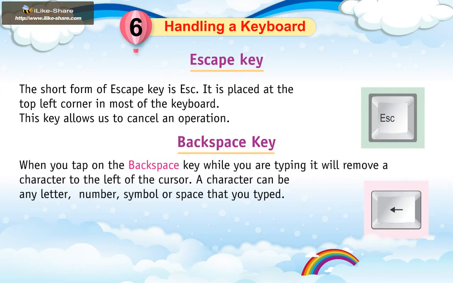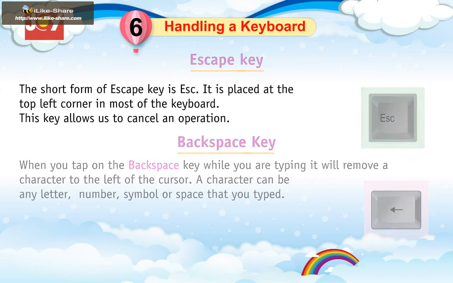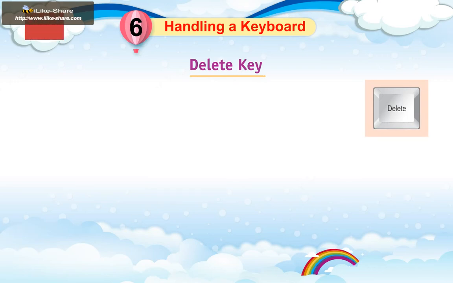Backspace key. When you tap on the backspace key while you are typing, it will remove a character to the left of the cursor. A character can be any letter, number, symbol, or space that you typed.